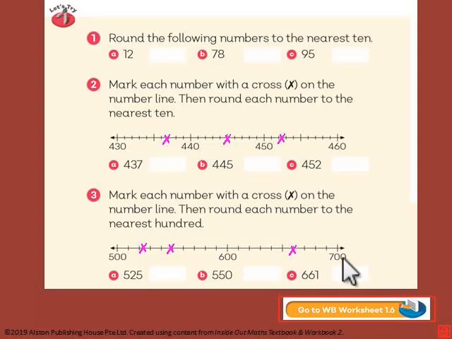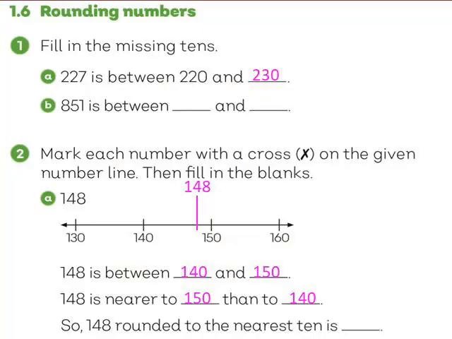Very good. Now, do you understand how to round numbers to the nearest 10 and the nearest 100? If you understand, let's go to WB Worksheet 1.6 and answer. Then we will answer your book.